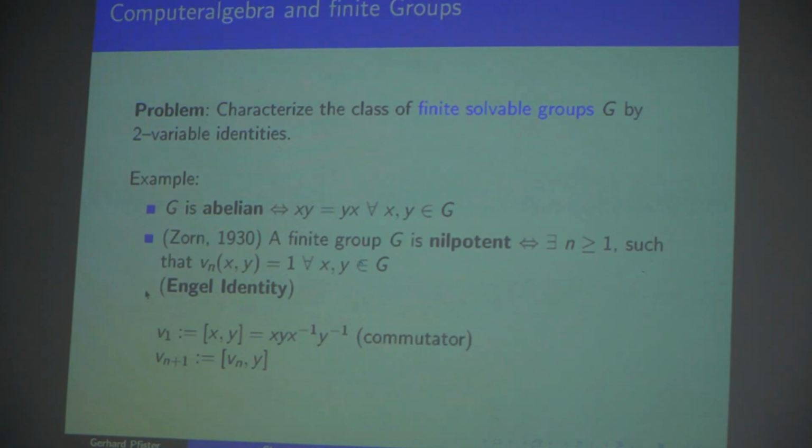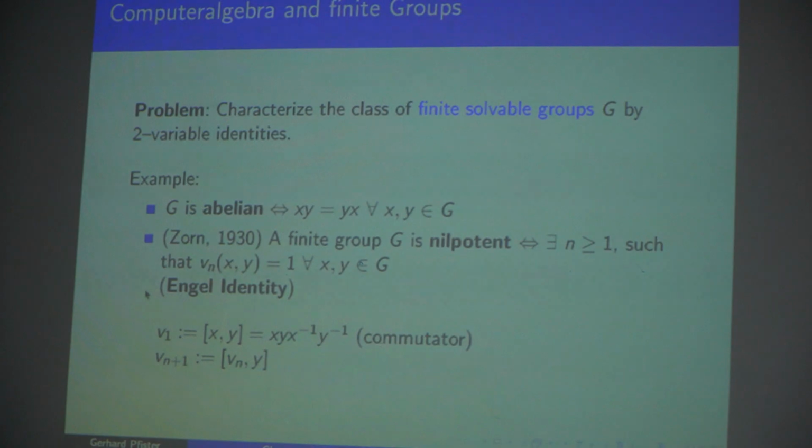Abelian groups can be characterized by the identity xy is equal to yx for all x, y in the group G. Then there is a result of Zorn from 1930: a finite group G is nilpotent if and only if there exists an n such that the Engel identity holds, that means Vn of x, y is 1 for all x, y in G. And Vn is defined in the following way: V1 is a commutator, and Vn plus 1 is the commutator of Vn and y.